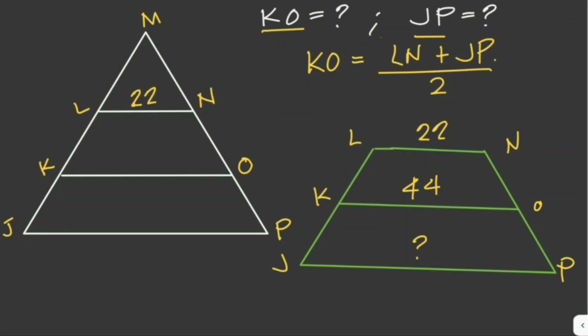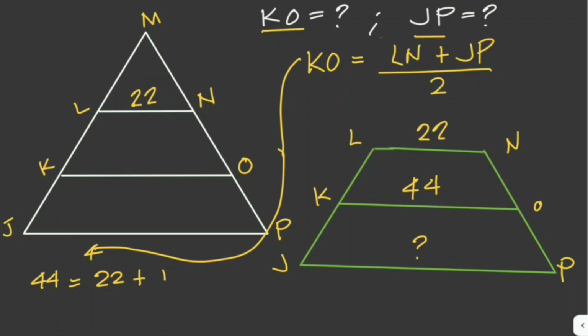KO is already given, so KO is 44 equals LN is 22 plus JP over 2, and then we multiply both sides by 2.